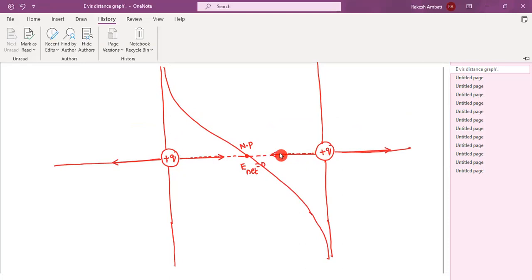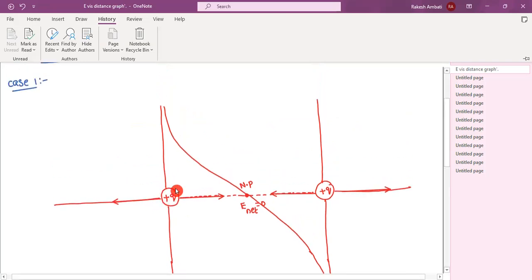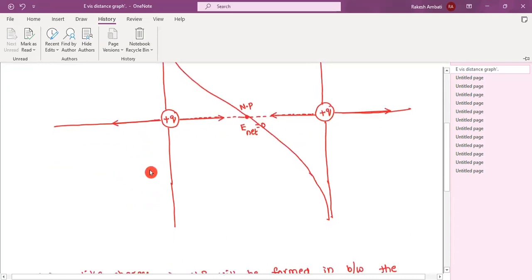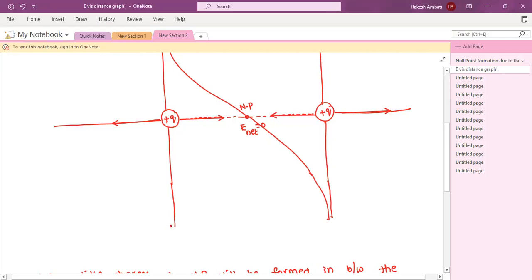Here on this side, intensity is in the negative direction, so we draw the graph on the negative side. Next, as the distance increases, intensity gradually decreases.